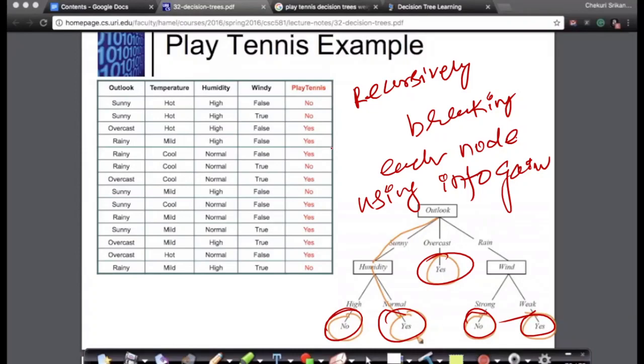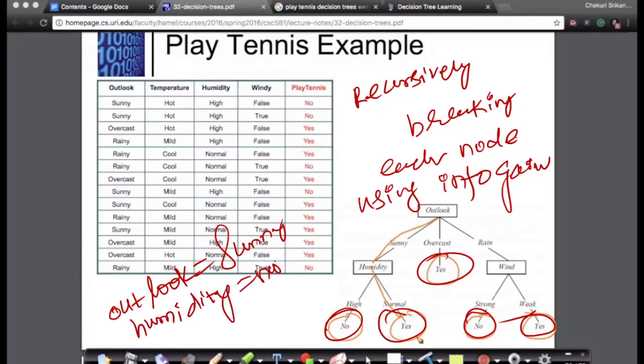For example, let's say there is a query point with outlook equal to sunny and humidity equal to normal. What is the class label? Outlook equal to sunny, and humidity equal to normal means this path, isn't it?